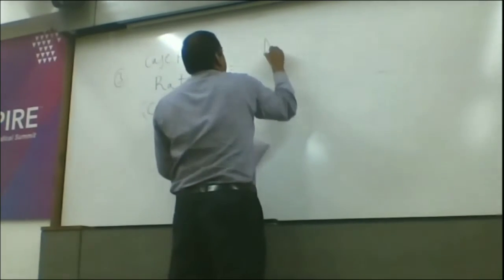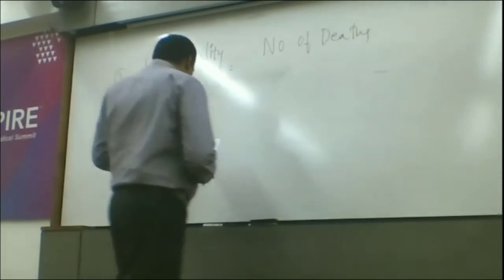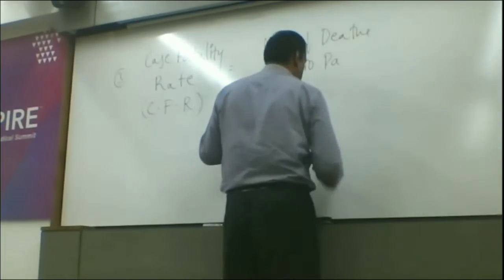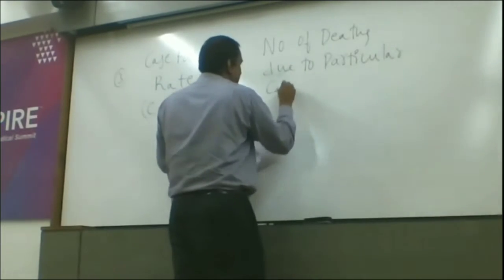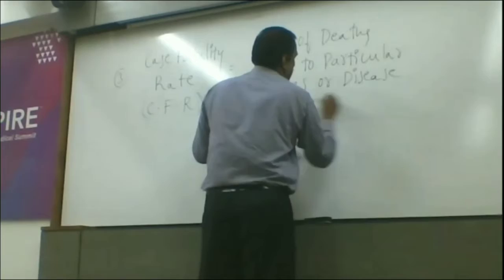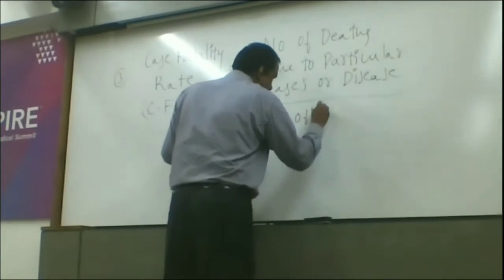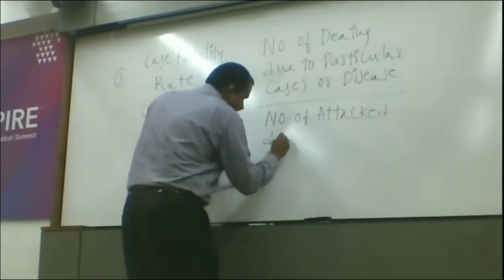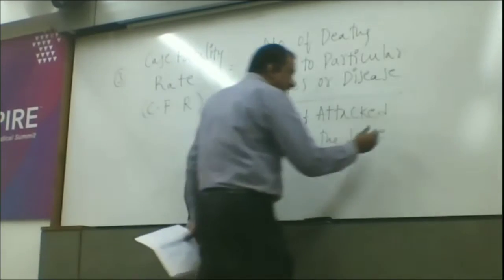Number of deaths due to a particular case or disease, divided by number of attacked due to the same cases or disease.